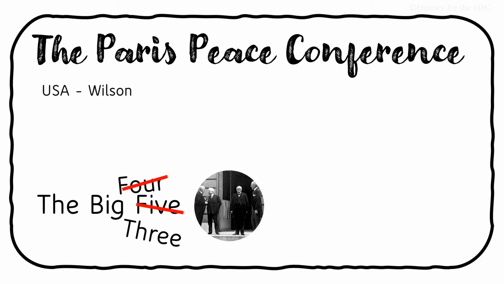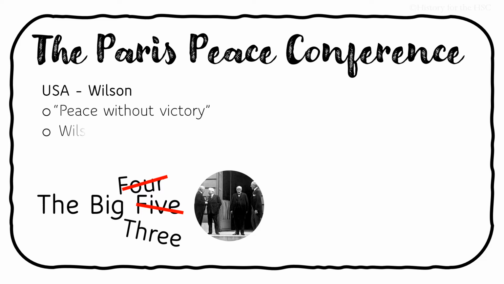The USA were led at the conference by the President Woodrow Wilson. He was an idealist. He wanted what he described as peace without victory, for the defeated forces to be treated well, for national self-determination, for an international agreement to limit arms, for the establishment of a League of Nations and collective security to ensure war would not occur again.